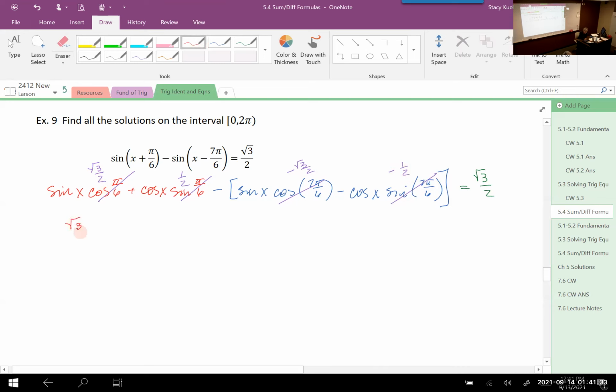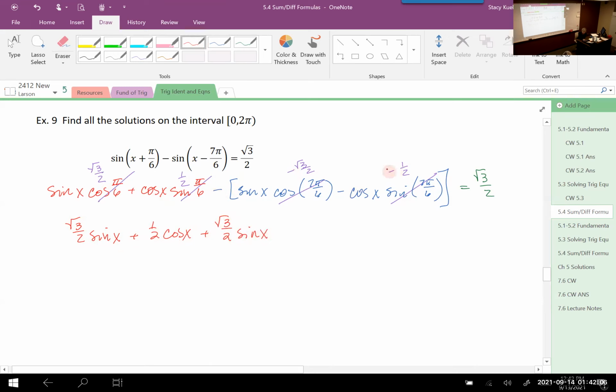Okay, so what I've got here is the square root of 3/2 times sine x plus 1/2 cosine x. Now I have minus a negative, which means I have a plus the square root of 3/2 sine x. And I have minus, minus, minus.